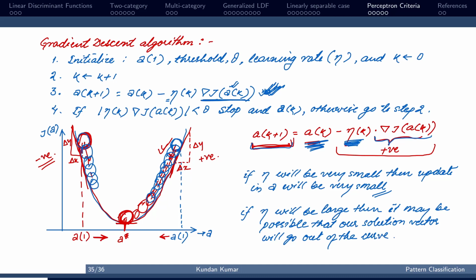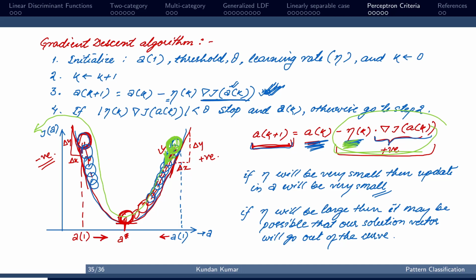How? Just consider that we are here at the initial weight and the eta value is very large. Then this value will be large and it will give a very strong force to this ball, so it may go out of the curve.